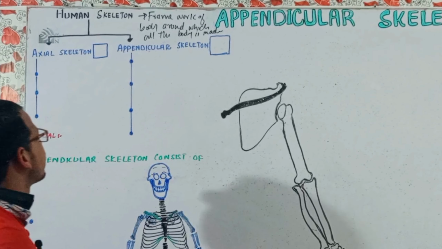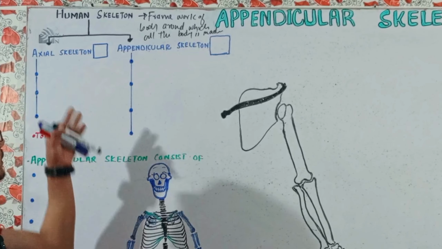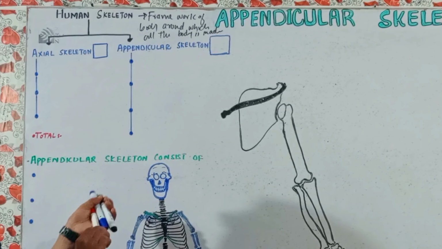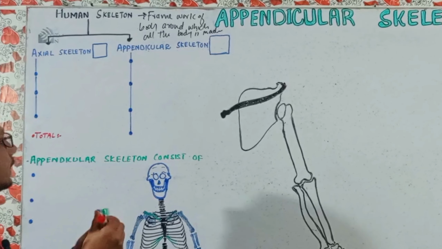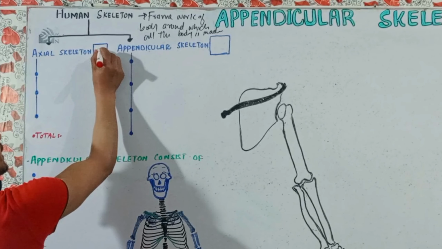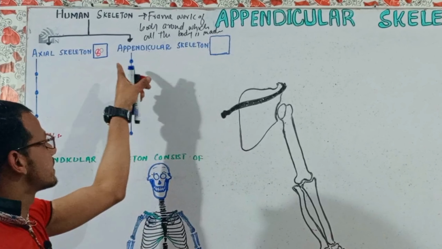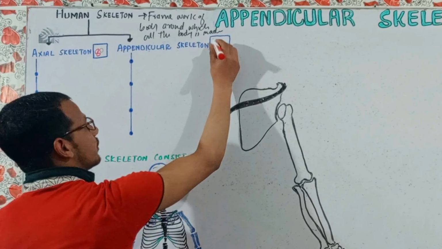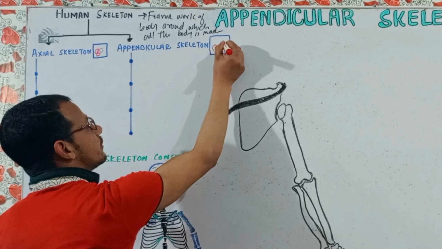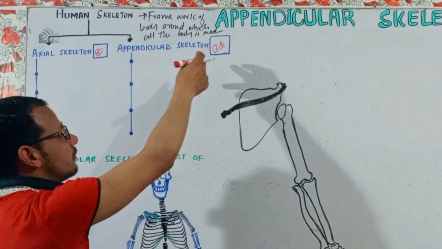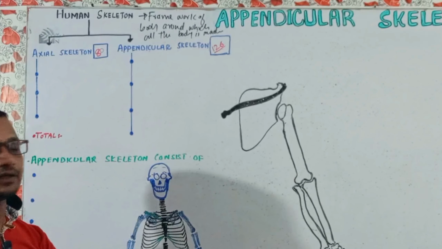The human skeleton can be divided into two parts, the axial skeleton and the appendicular skeleton. The axial skeleton is composed of 80 bones. We have discussed this in the previous lecture. And the appendicular skeleton is composed of 126 bones, and we will talk about these 126 bones in today's lecture.